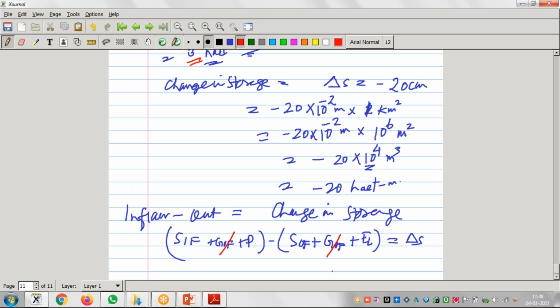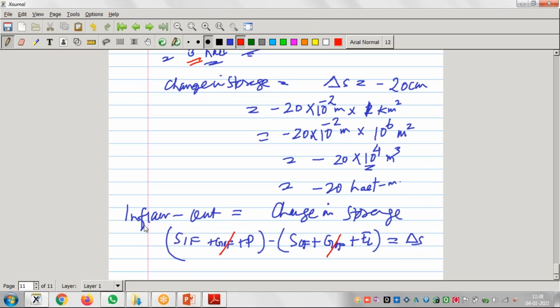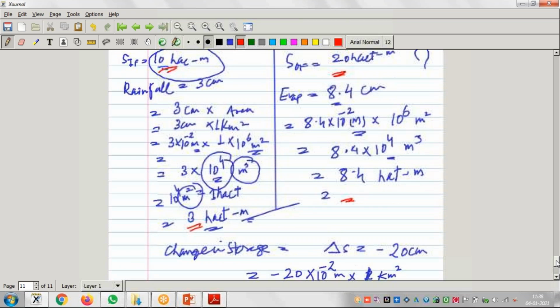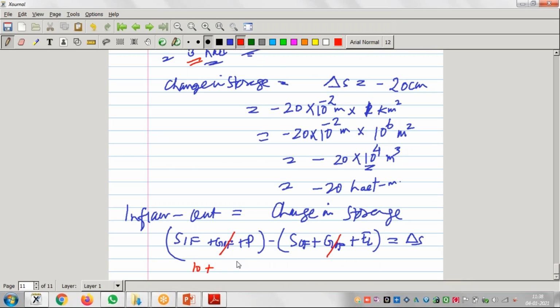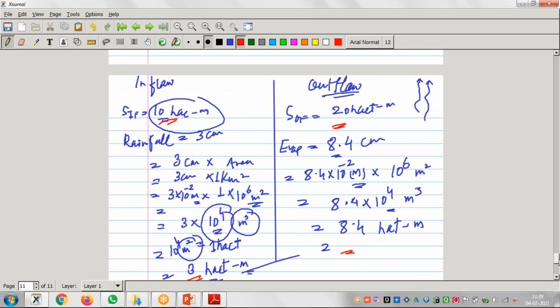So surface inflow is 10, plus precipitation 3, minus surface outflow, which is 20 hectare meter.